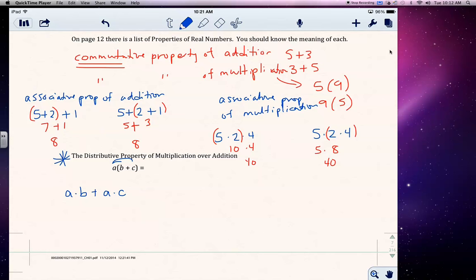So let's go back to our pre-algebra days, and let's say I had a problem where I had multiplication over addition. Let's say I had 5 times the quantity 2 plus 1. This is before we even knew about the distributive property, so not using it.